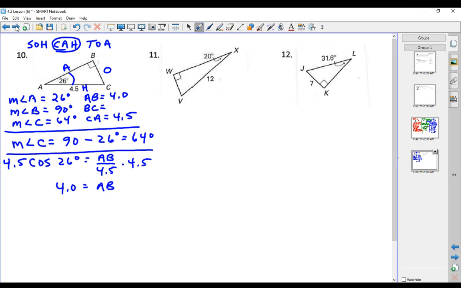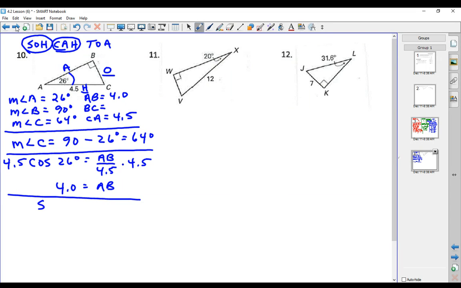Now, in order to get side BC, I'm going to use the opposite side and the hypotenuse. Remember, don't use measurements that you found in the problem. Use the measurements that they gave you in the original problem. So I'm looking for the opposite side. I know the hypotenuse. Opposite and hypotenuse is sine.